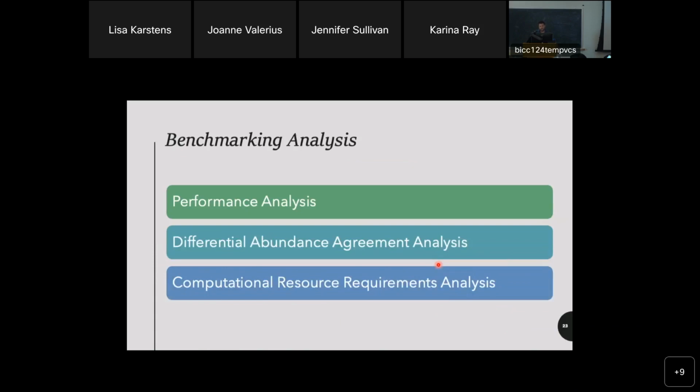Benchmarking analysis in this investigation can be broken down into 3 different analyses, first being performance analysis, followed by differential abundance agreement analysis, and finally an analysis of the computational resource requirements of each tool. I'll go into more detail about these in the results section.